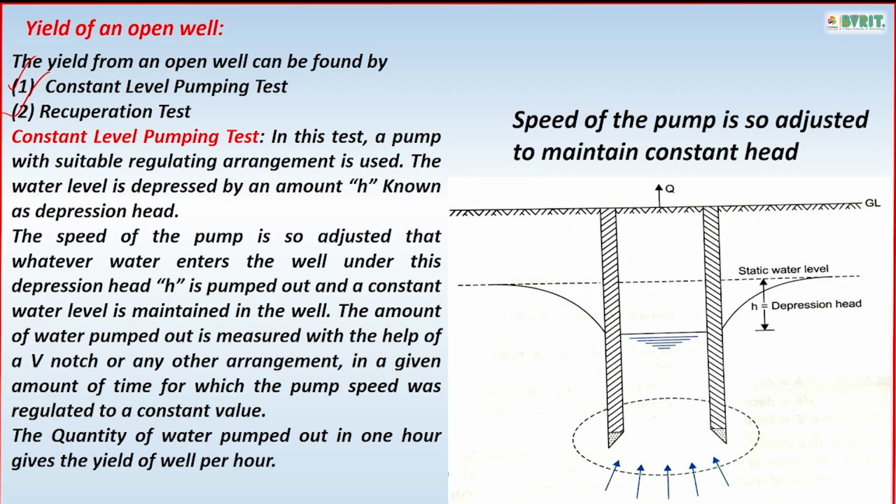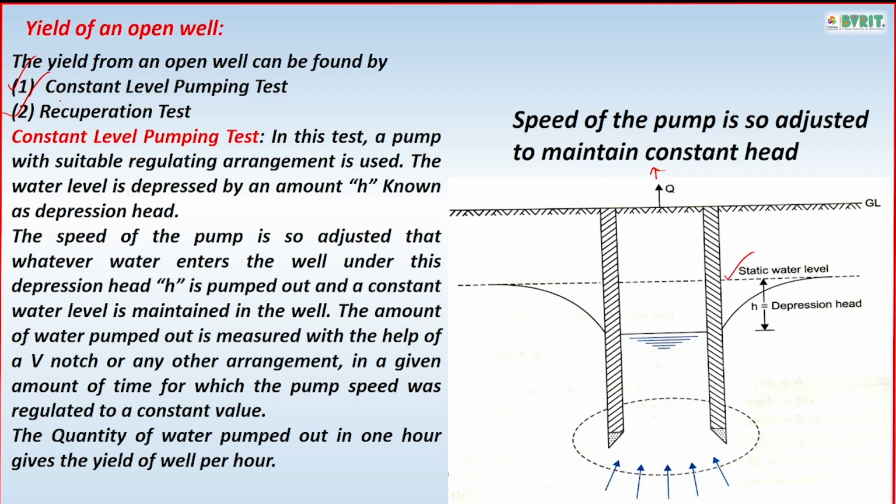For example, a well is constructed in a pervious formation. This is the pervious formation. We have constructed a well, and this is the static water level we have. Please see the figure. Then we are trying to pump the water. How we are pumping is the question.